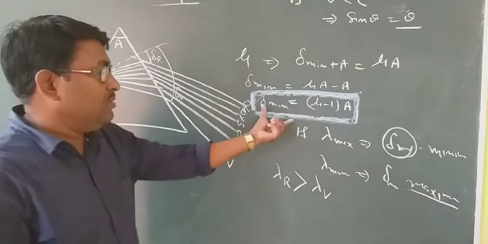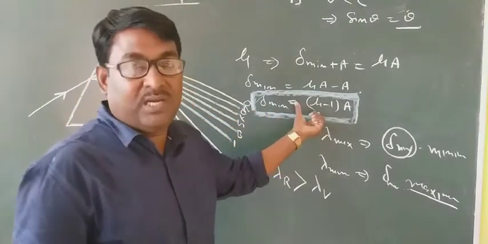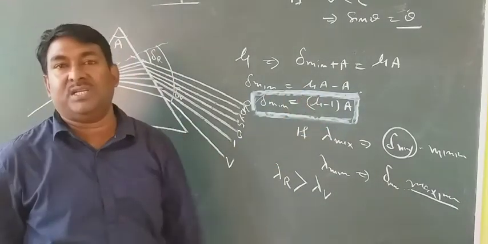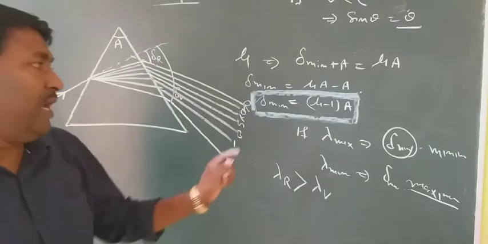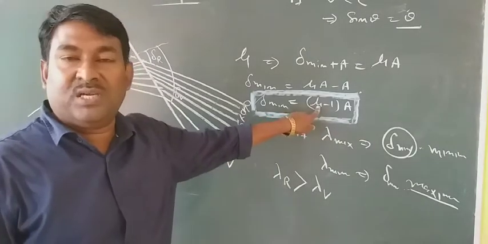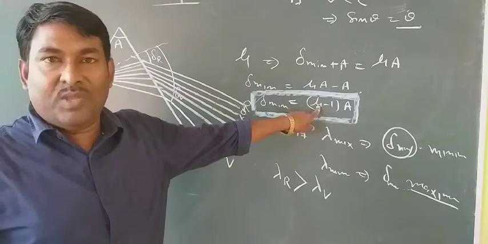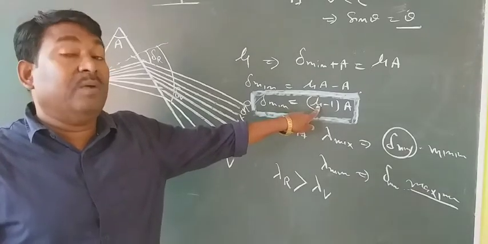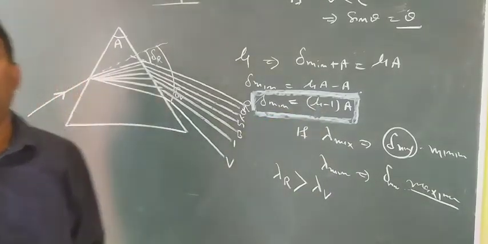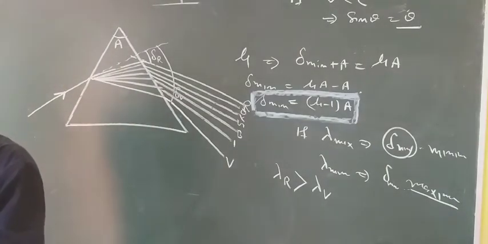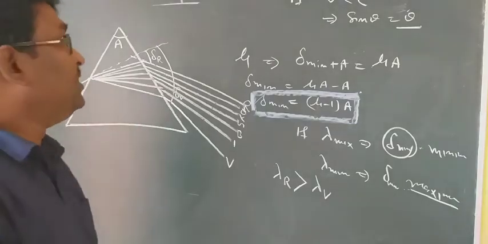I have done a mathematical derivation, and it shows that the deviation depends on angle of incidence, prism angle and refractive index of the prism, or colors of the light ray, or wavelength of different light. Now, cause of dispersion. And what about spectrum?